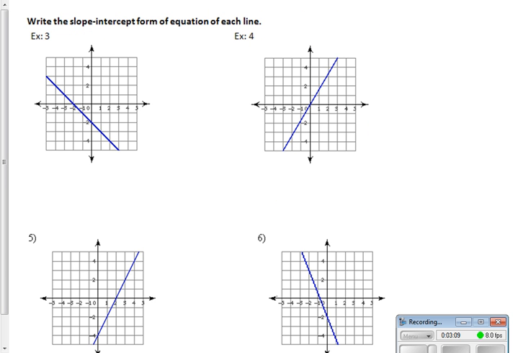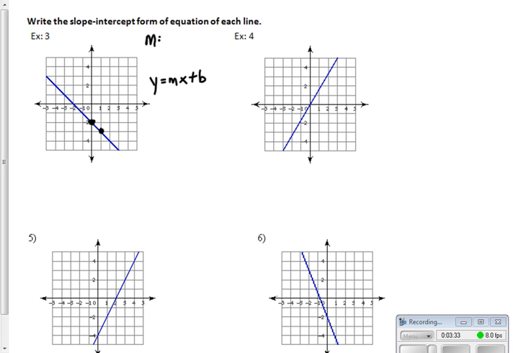What we have to do for the next 4 problems is put things into slope-intercept form. So we have to put it in the form of y equals mx plus b. So the first thing that you'll want to do is find out m. M is the slope. So find 2 points that you know exactly what they are. So here's a point that I would know exactly what it is. Here's a point that I know exactly what it is.